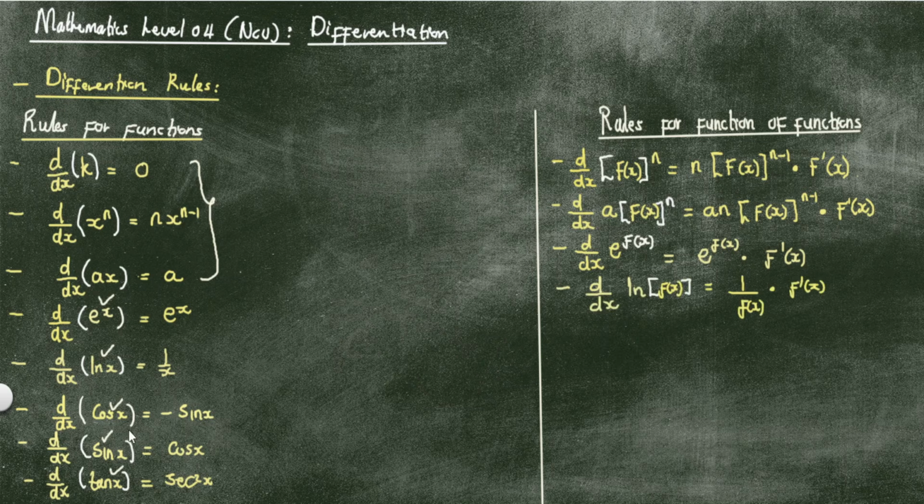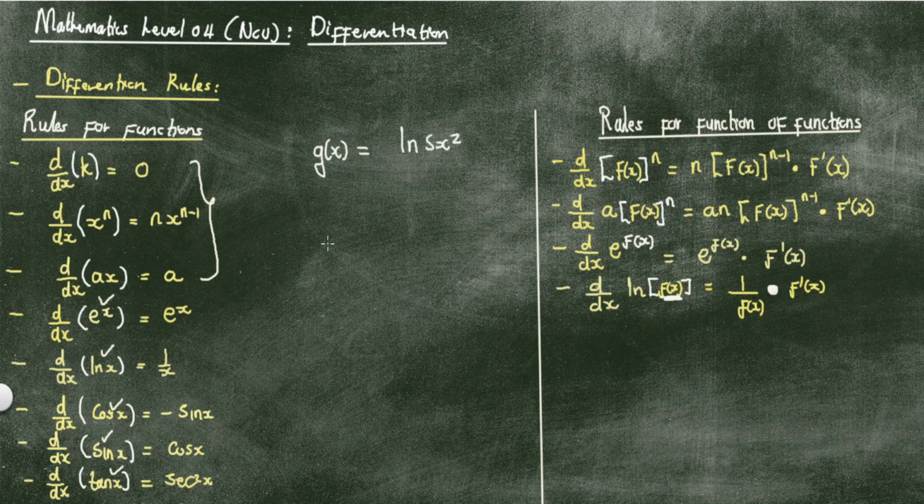Now, next function, we have ln, the logarithmic function. The derivative for the logarithmic function is 1 over this function multiplied by the derivative of the function inside the log function. Now as an example, say maybe g of x is equal to ln 5x squared, right?